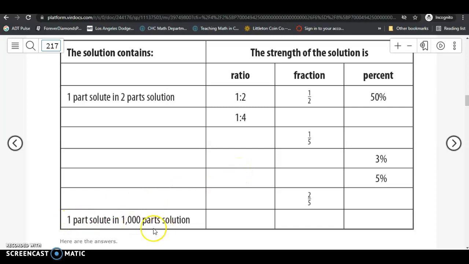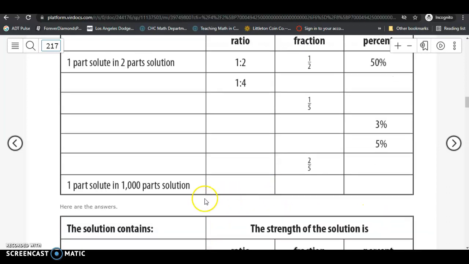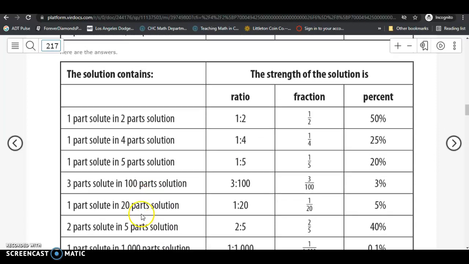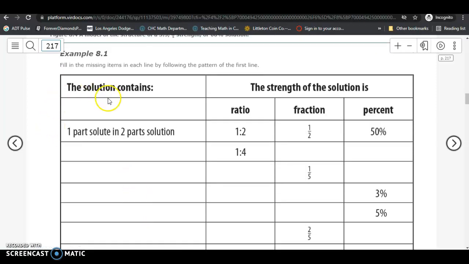Or given a verbal description, 1 part solute and 1,000 parts solution, write the strength as a ratio, fraction, and as a percentage, and then you can look at the answers in the book. So I encourage you to do example 8.1 to really get a feel for how the strength of a solution can be written.